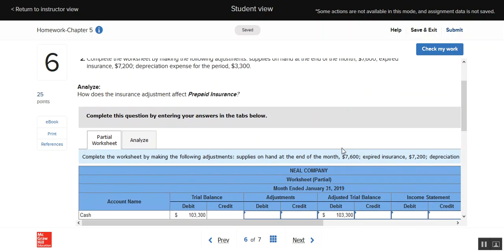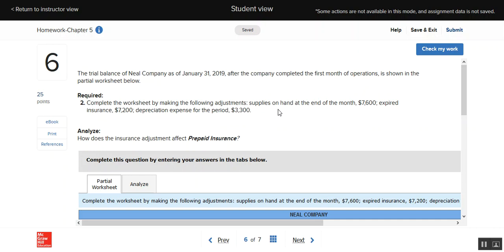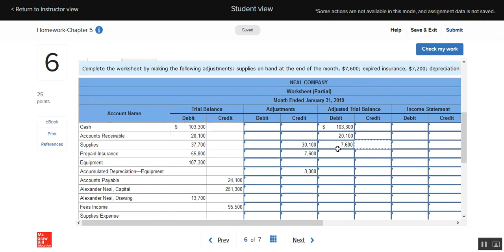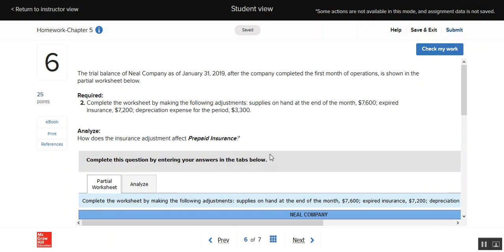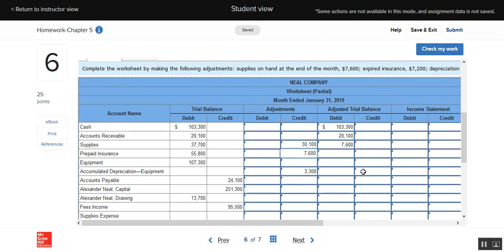On this particular one, I just wanted to go back up and show you supplies on hand at the end of the month were $7,600. So that's where that $7,600 comes in your worksheet. All right. That should be $7,200.